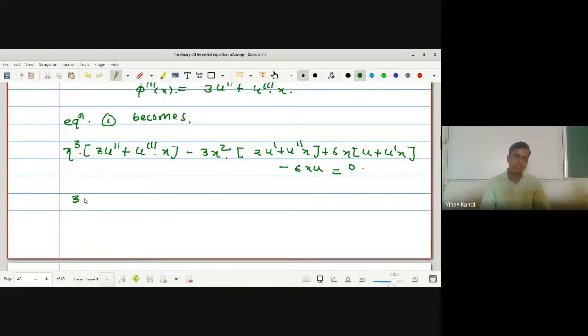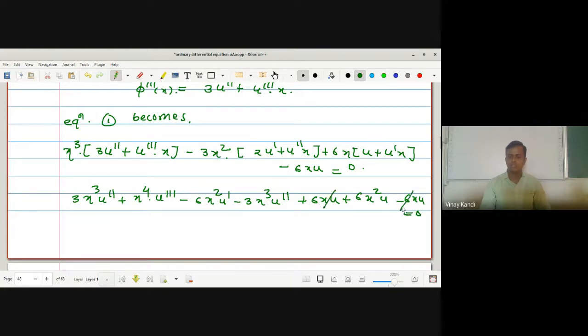This is 3x cube u double dash plus x raised to 4 u triple dash minus 6x square u dash minus 3x cube u double dash, plus 6x cube plus 6x square u dash minus 6xu is equal to 0.